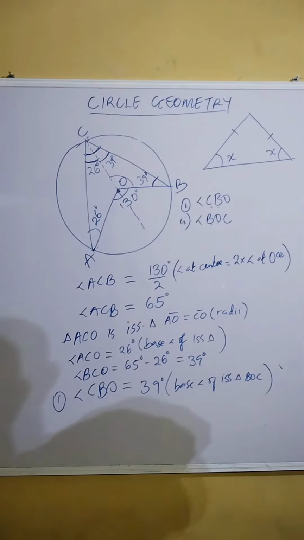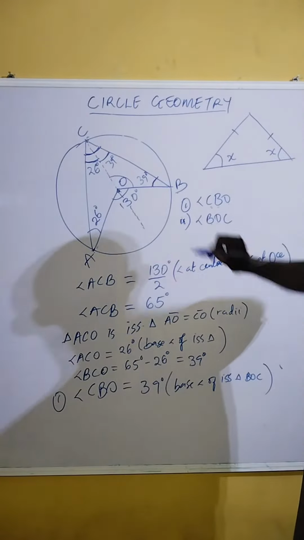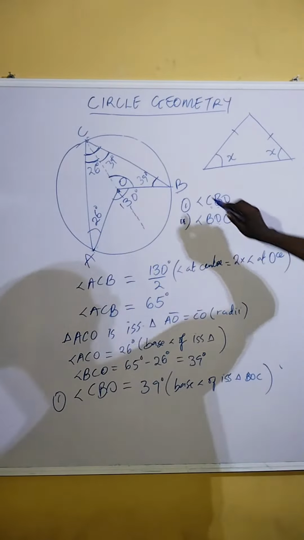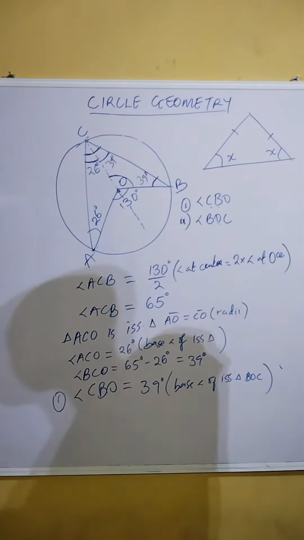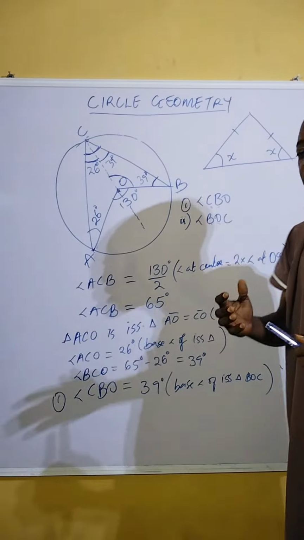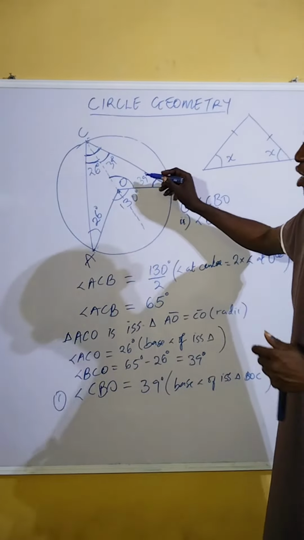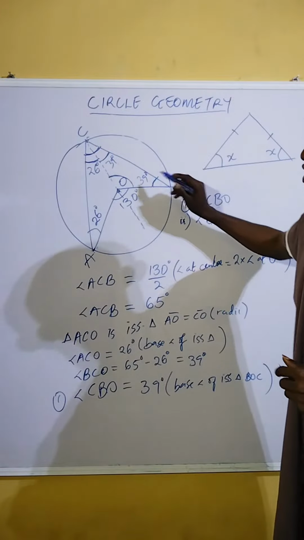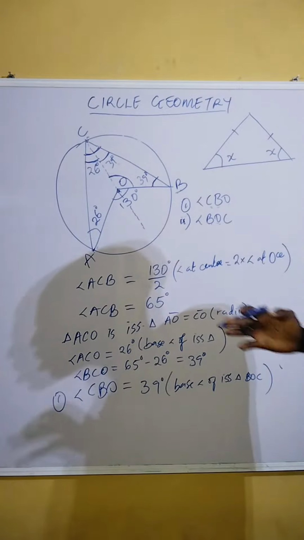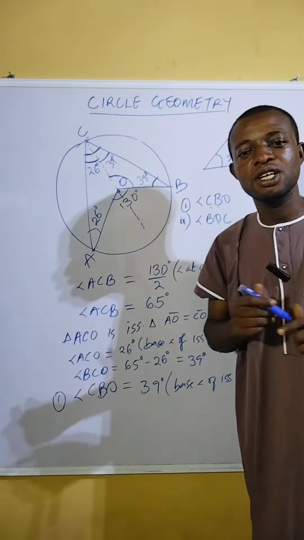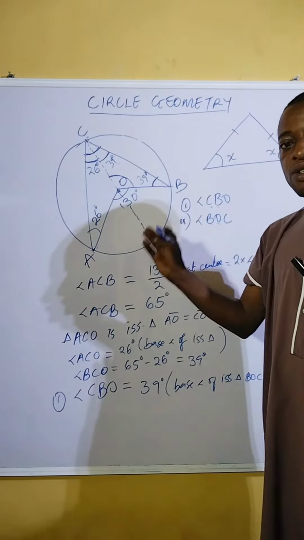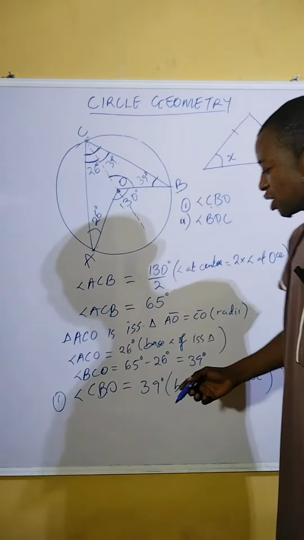So that is that. Then the second question here is the one marked here, which is angle BOC. Now, I believe we are still together. We have this triangle now. These two angles are already known in a triangle. Sum of angles in a triangle is 180. We have three angles in a triangle, and the three angles should add up to 180 degrees. Once you know two angles there, easily you can get the third one. So there is no problem about this again.